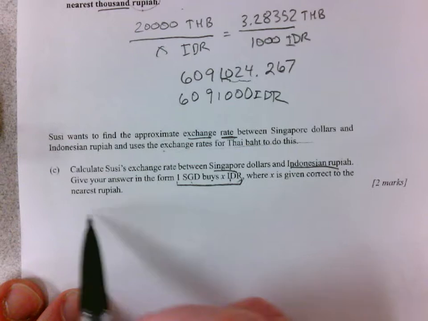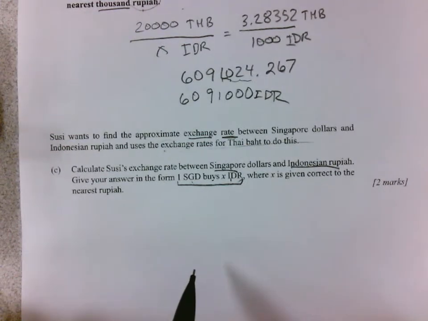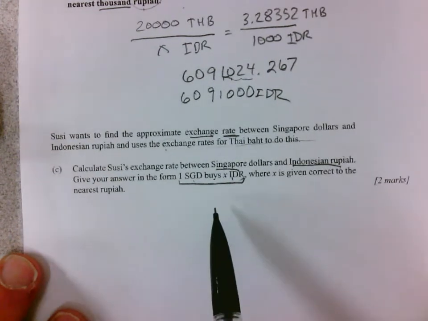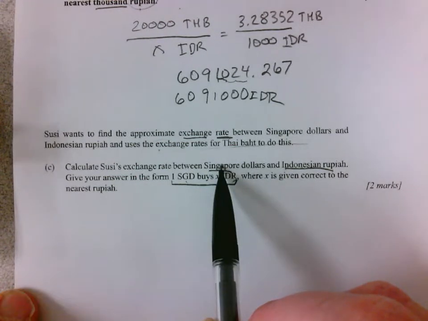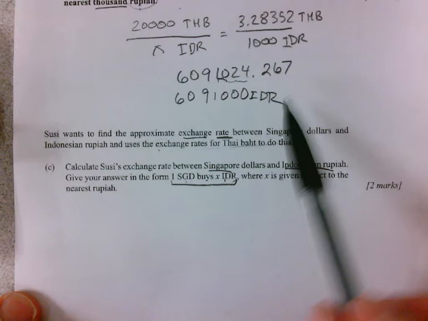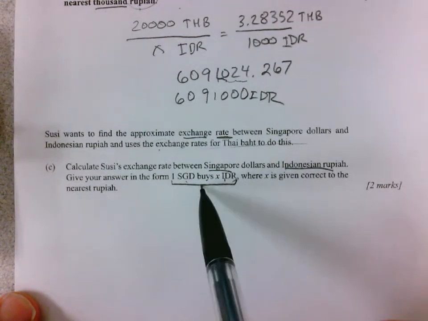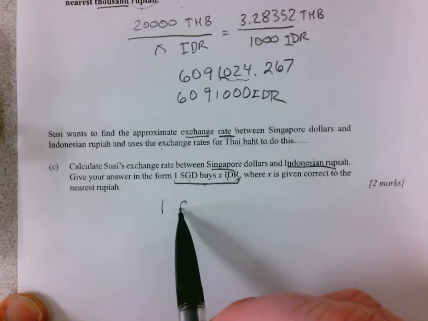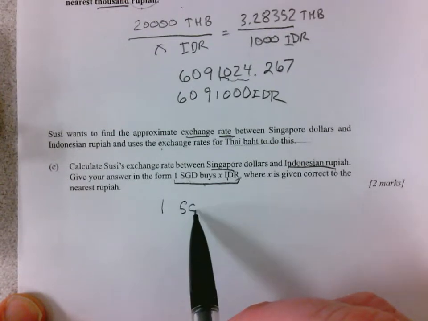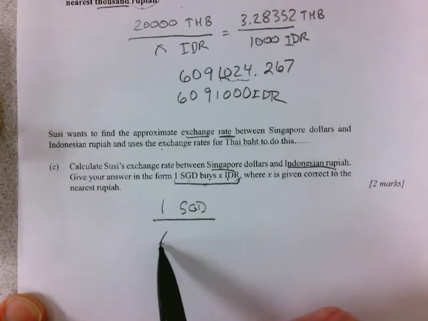Okay, so we have to go back to, in this problem, what was the exchange rate here? So right now, we want to find out this ratio. 1 SGD buys X IDR.